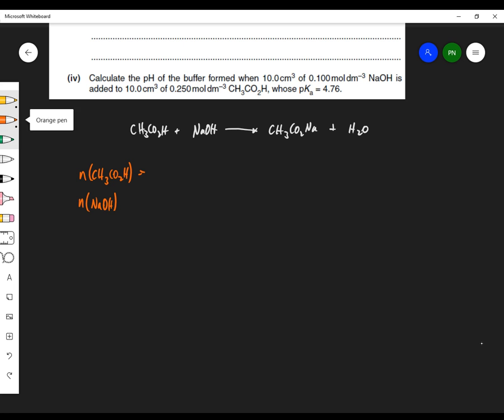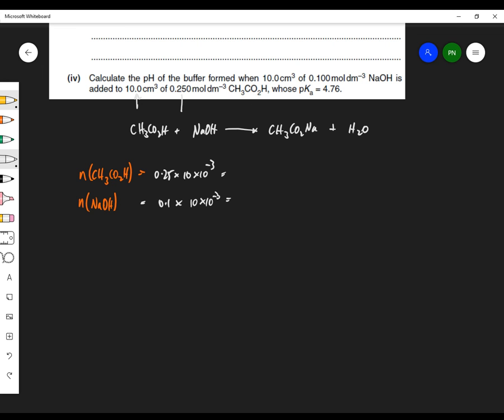Number of moles of the acid is CV. So what's C for the acid? There it is, the concentration, 0.25, times V of the acid. It's 10, isn't it? I hope I'm doing this right. 10 times 10 to the minus 3, because it's got to be in whatever we call those things. The other one is going to be 0.1 times 10 times 10 to the minus 3.